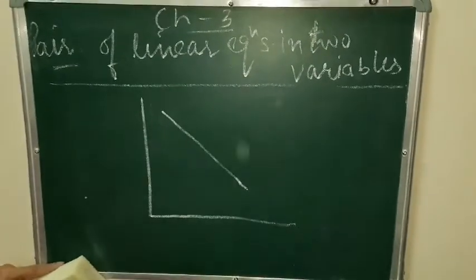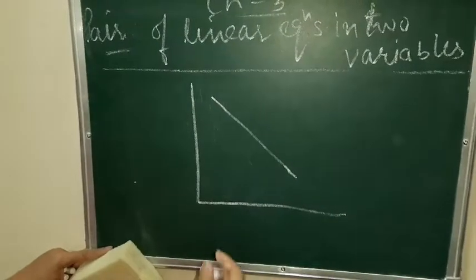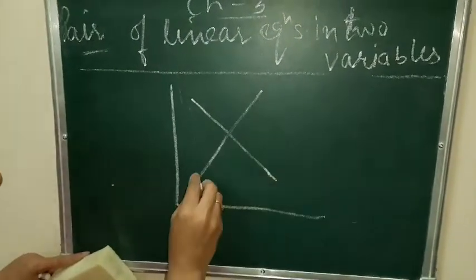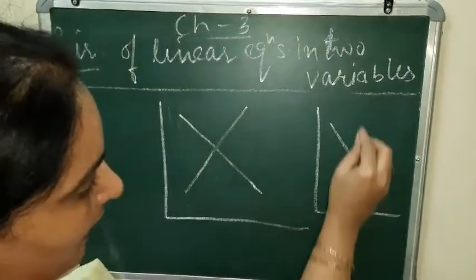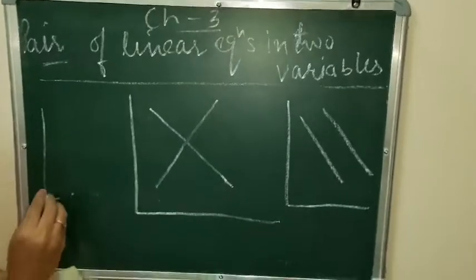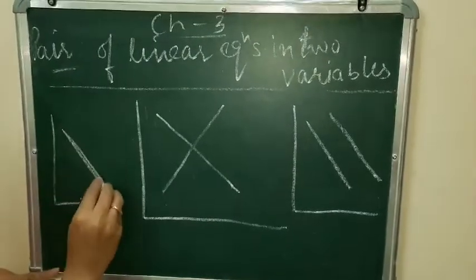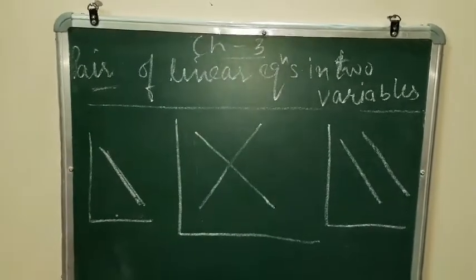The graph will have two lines. Now how can those two lines be? Those two lines can be either intersecting, like this, or they can be parallel, or they can be coincident lines, that means one above the other. Is there any other possibility?